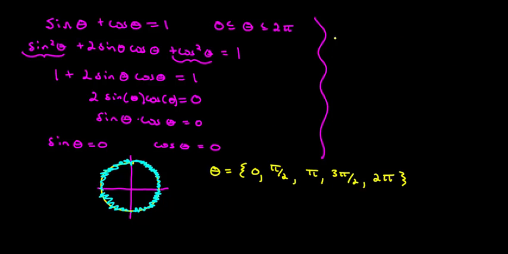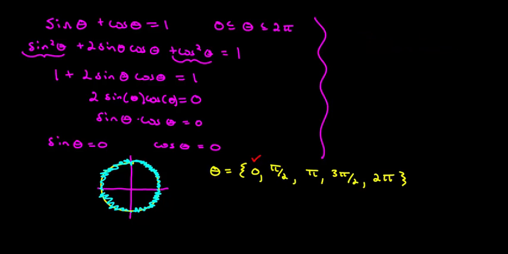So let's try 0. The sine at 0 radians plus the cosine at 0 radians, let's see if it's equal to 1. Sine at 0 is 0. Cosine at 0 is 1. And I do get 1 out. So this guy checks. Okay, let's try another one.